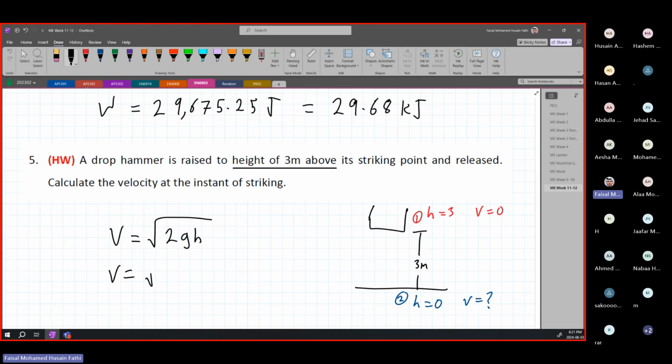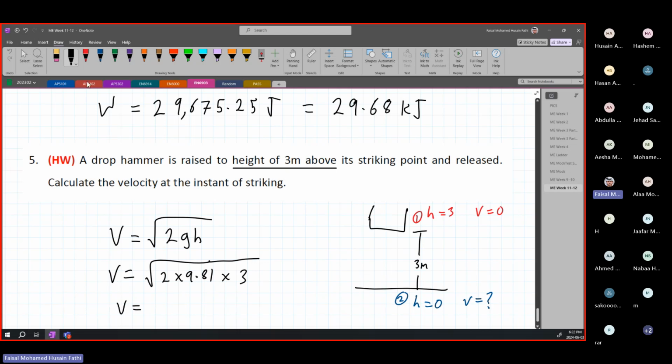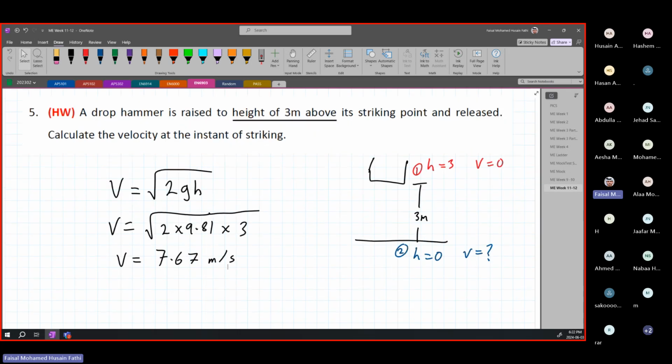So V is equal to the square root of 2 times 9.81 times the height, which is 3. This will give us a value of 7.67 meters per second. And that's it. That's pretty much it so far.